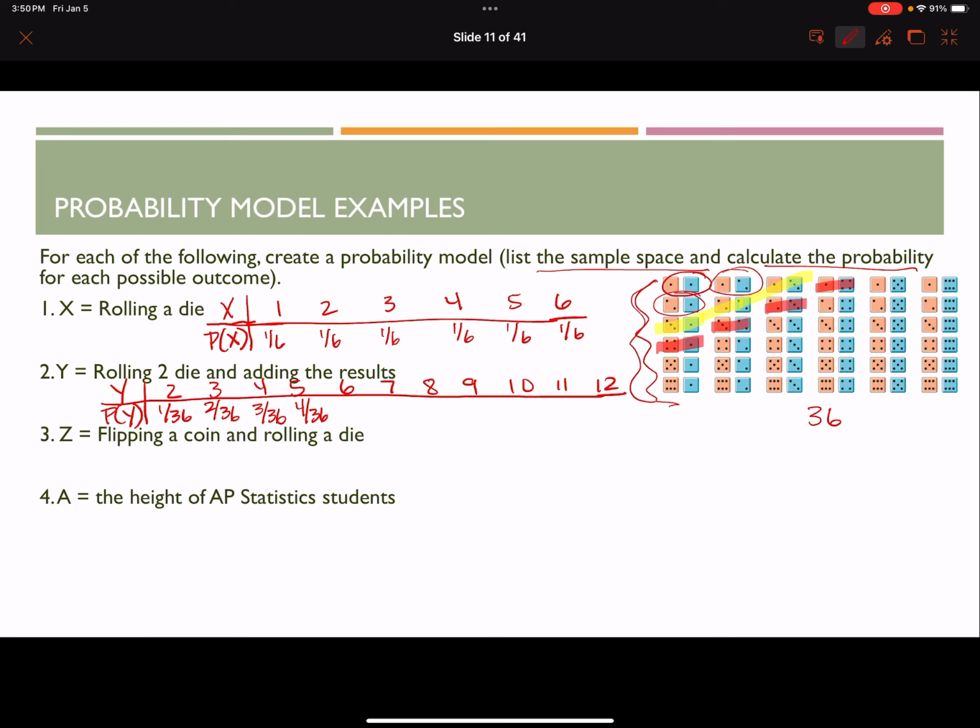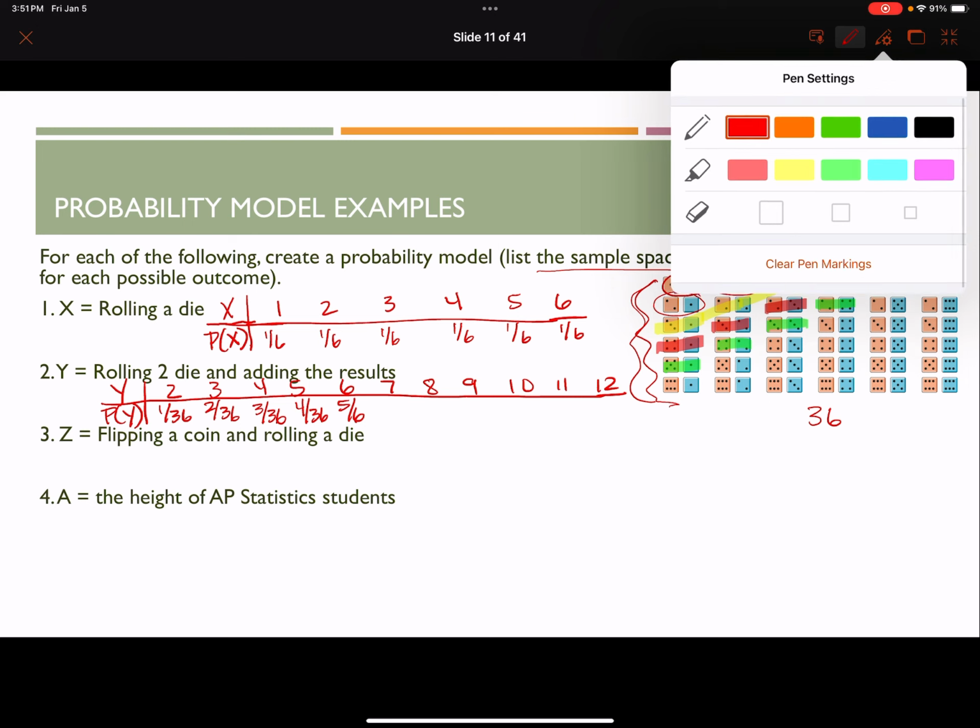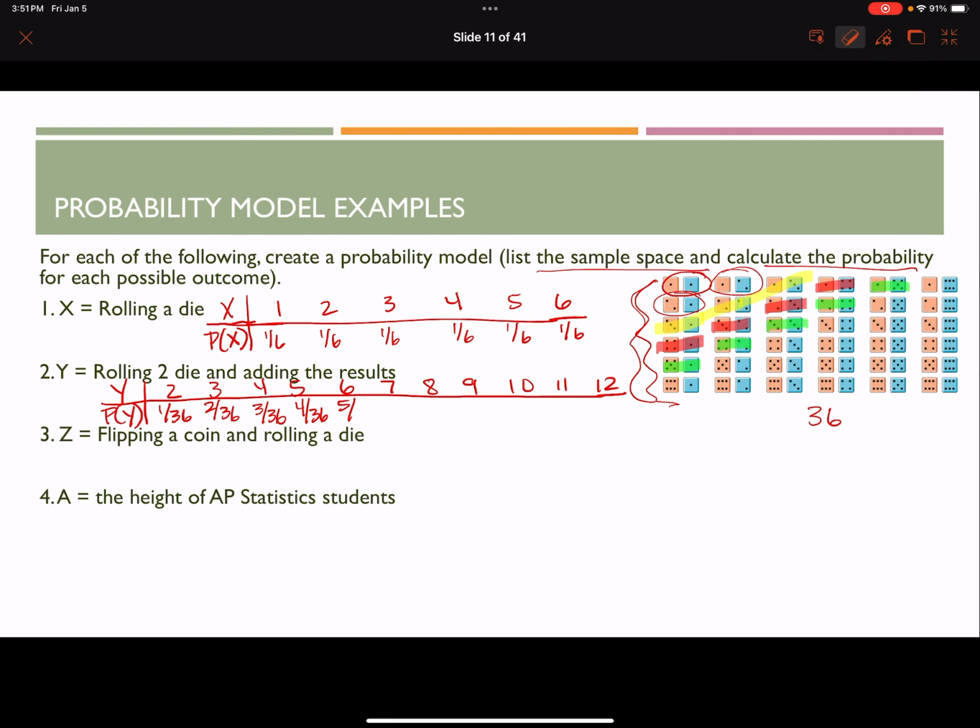Now I want the sum of a 6. And you can probably kind of see the pattern that's happening here. All of these give you a 6. So there's 1, 2, 3, 4, 5 that I highlighted in green. Oh, sorry. I wrote 5 out of 6. I meant to write 5 out of 36. So 5 of these combinations out of 36 give me a sum of a 6.